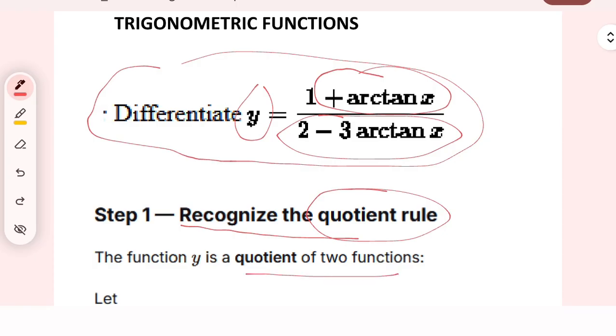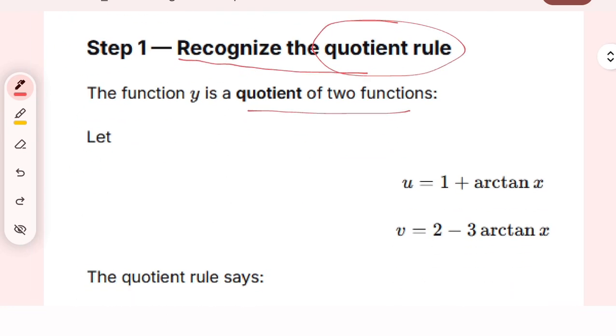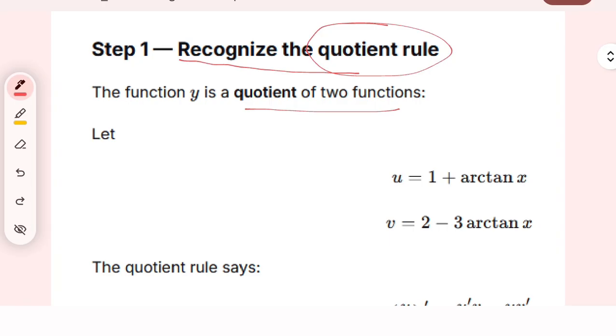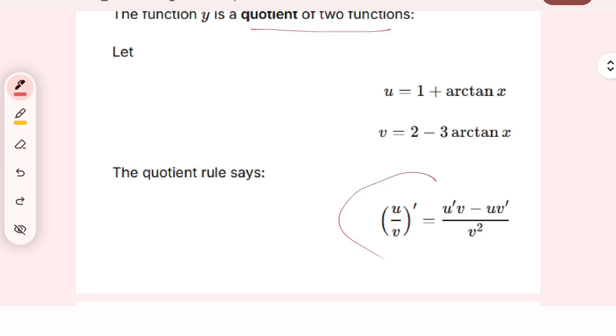Since the two functions are being divided, we will apply the quotient rule. So y has two functions. And what does the quotient rule say? This is the formula of the quotient rule.